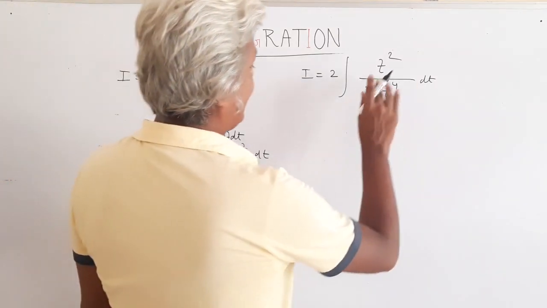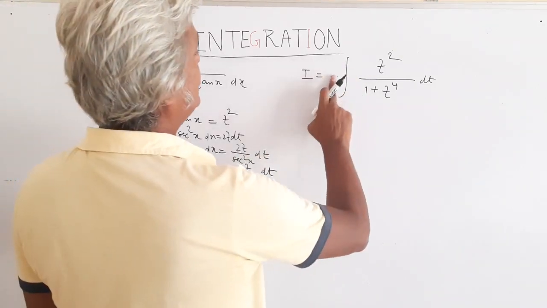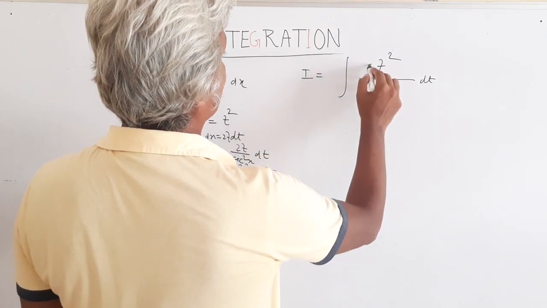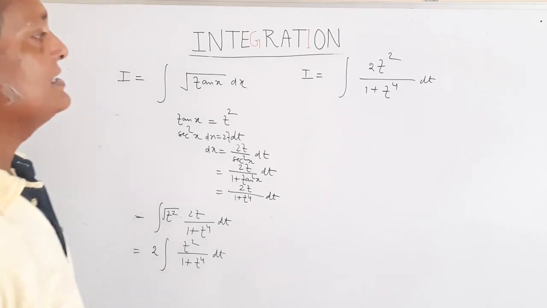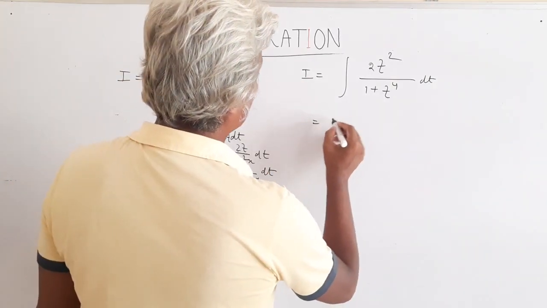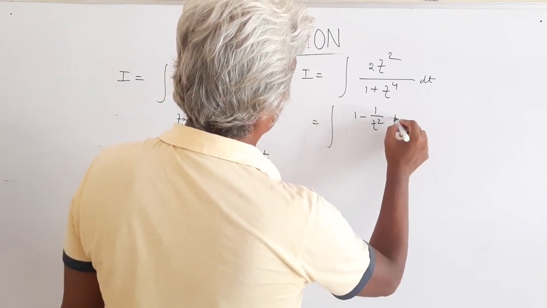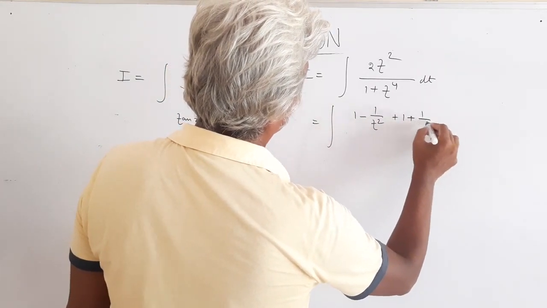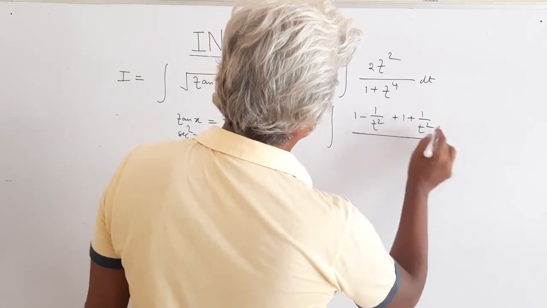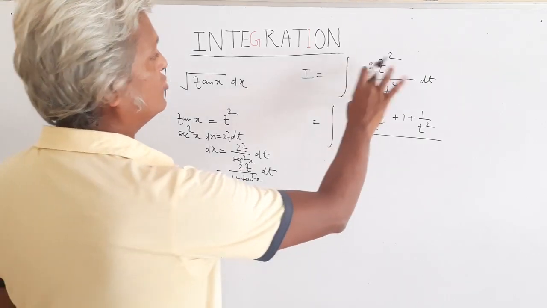Now we have to be a little manipulative here, because we need 2t square. This 2 is outside, but we can write it here. Why am I writing this? Because this is called adjustment. How? So we write here 1 minus 1 by t square plus 1 plus 1 by t square, and this 2 t square, this 2 cancel each other. We have just 2.